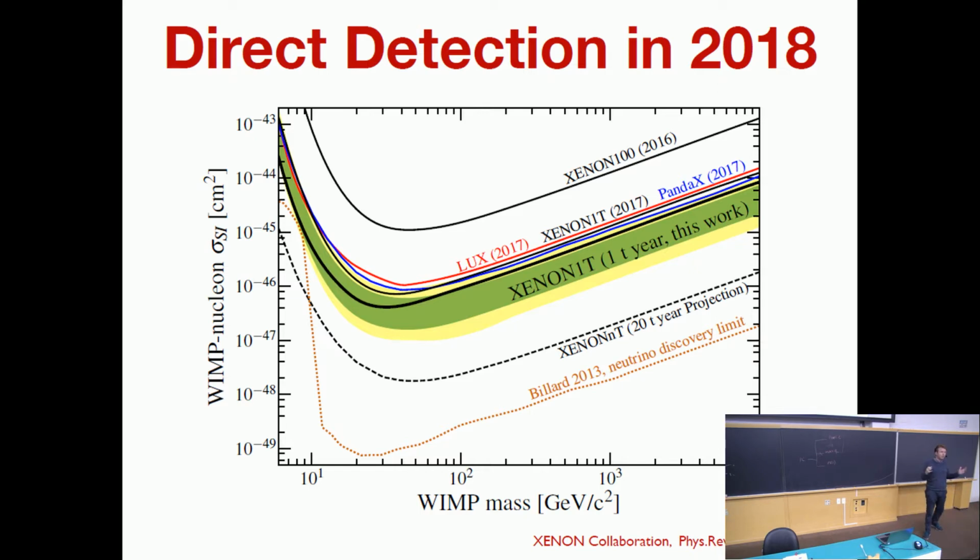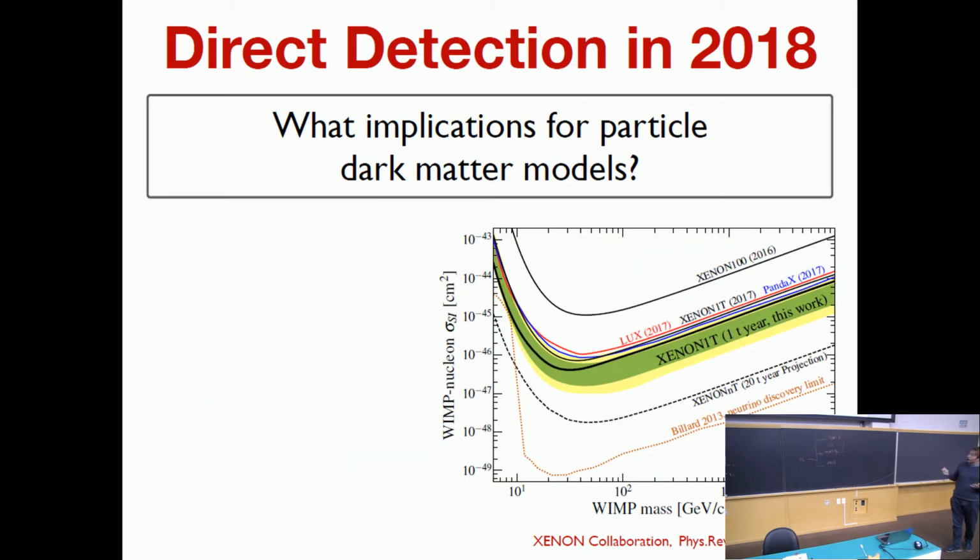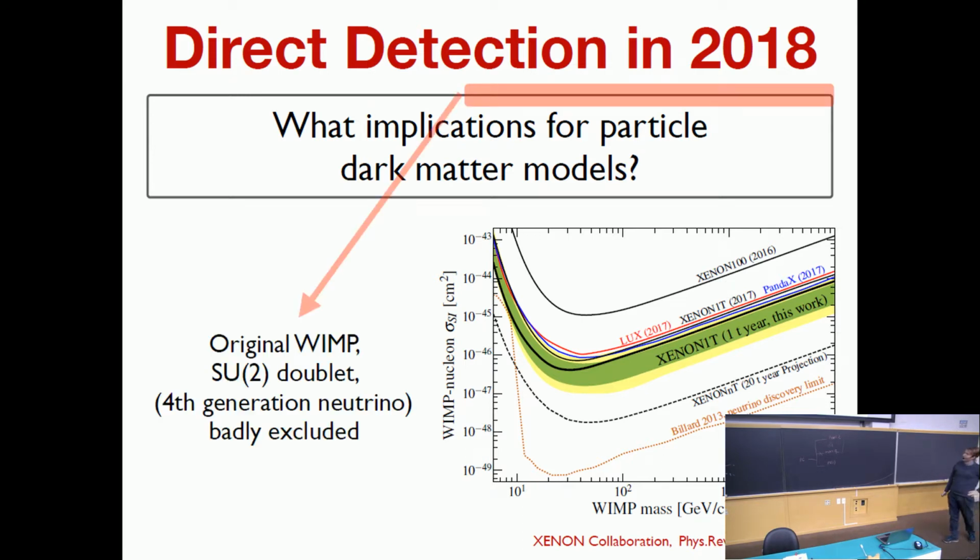So when a theorist like me looks at this plot, the question we ask ourselves and would like to understand is, okay, you're giving me bounds on the mass versus the cross-section, but from the microscopic point of view, from the particle physics models of dark matter, what do we learn from this plot? Okay, so let's look at a couple of benchmarks.